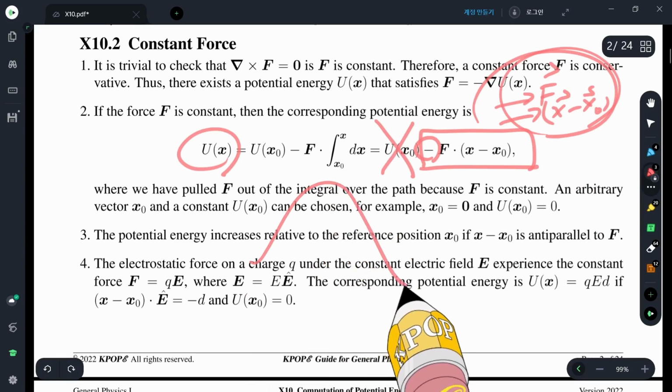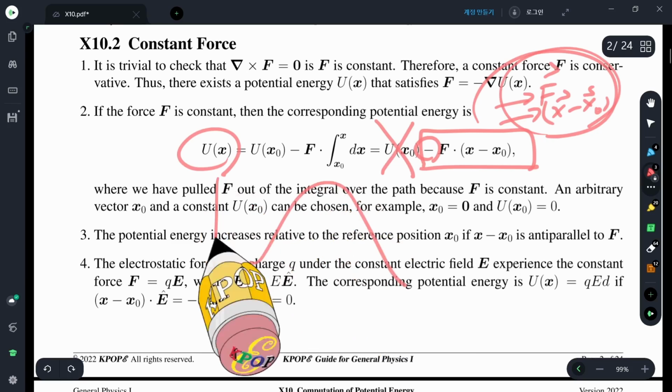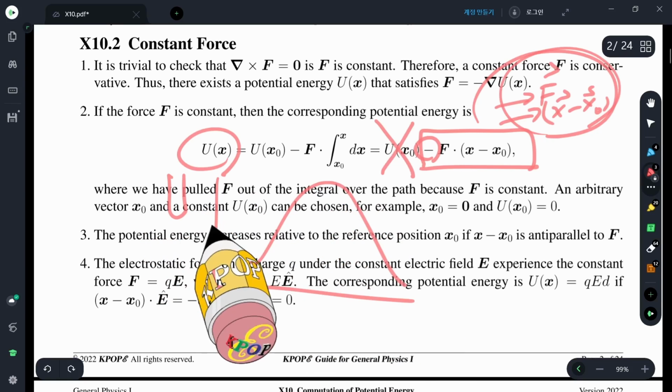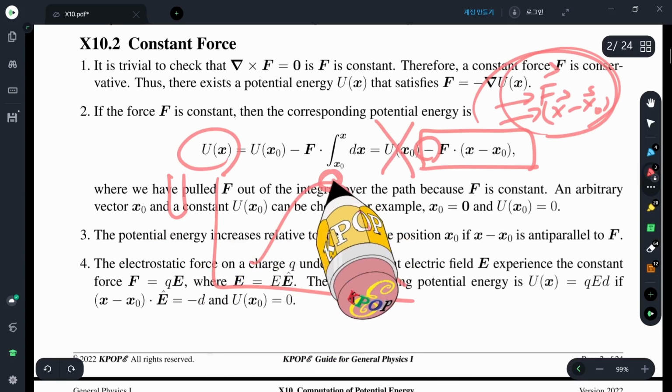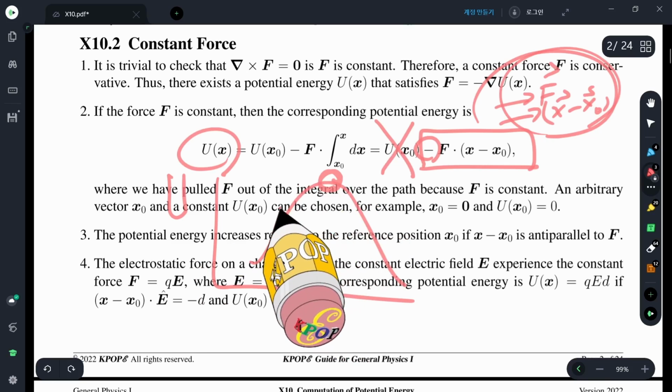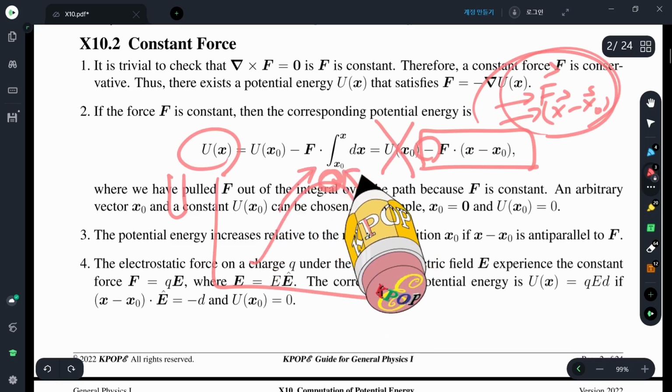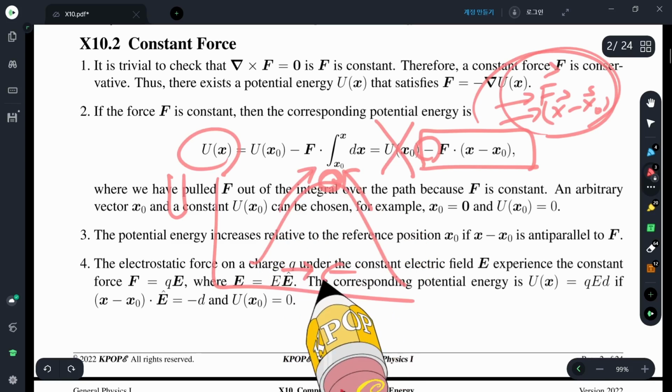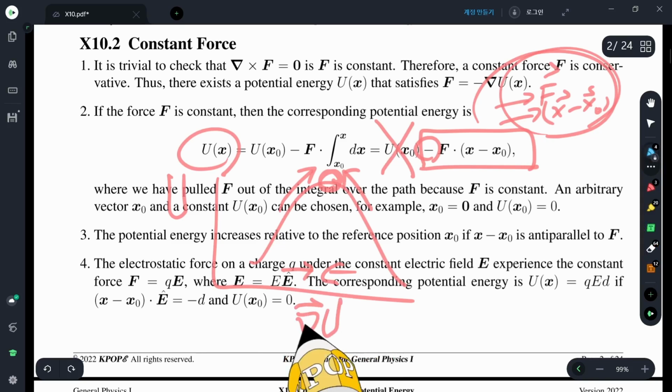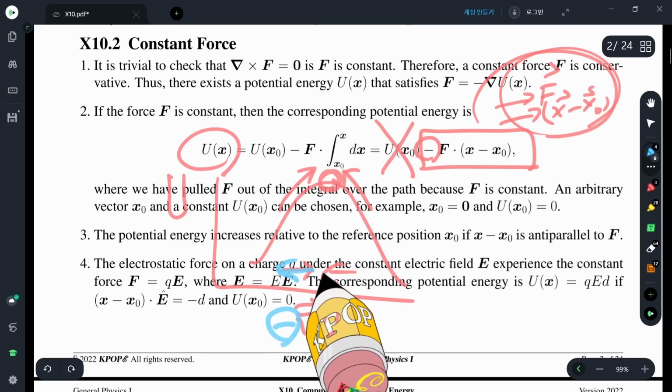This is the reason why the potential is given in this way. This is the gradient of potential, but the force is a minus gradient of potential. So force is opposite to the gradient direction.